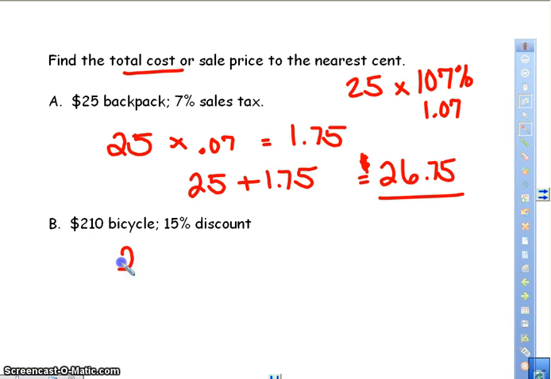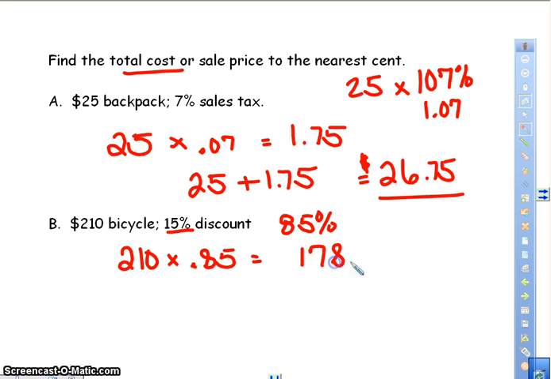Okay, so I have 210. If my discount is 15%, then I'm actually paying 85% of the total price. So I'm going to go ahead and multiply this by 0.85 since I'm paying 85% of my total price. So 210 times 0.85, I get $178.50.